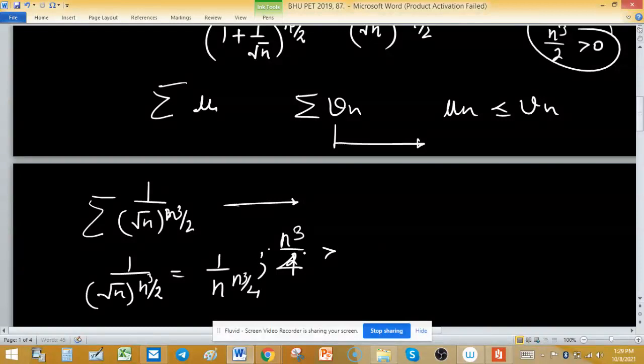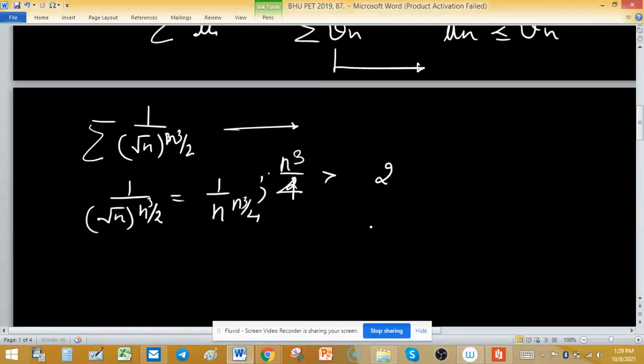Because n cube by 4 is greater than 2 for sufficiently large values of n, it means that n raised to the power n cube by 4, making this the exponent, will also be greater than n square.